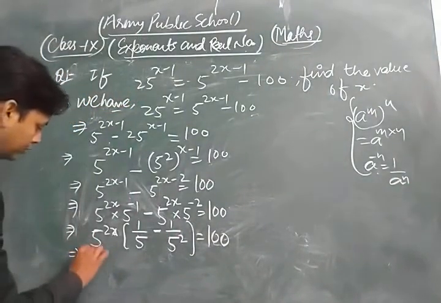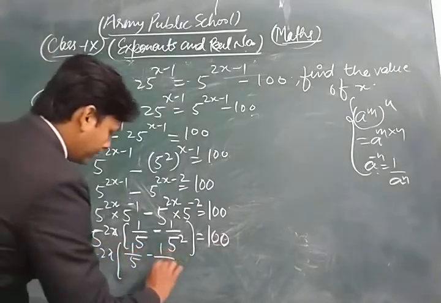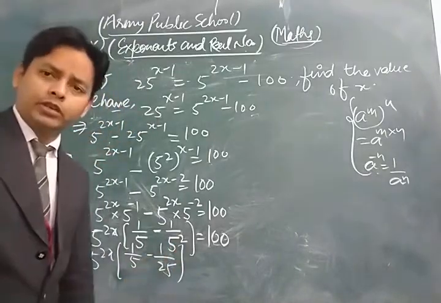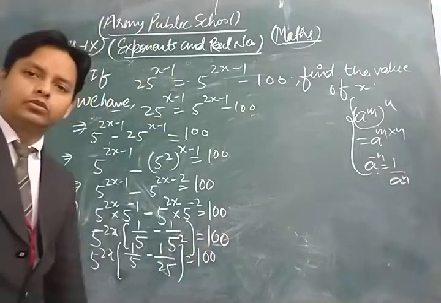Look, this is 5 to the power 2x, this is 1 upon 5 minus 1 upon 25, 5 fives are 25, is equal to 100.